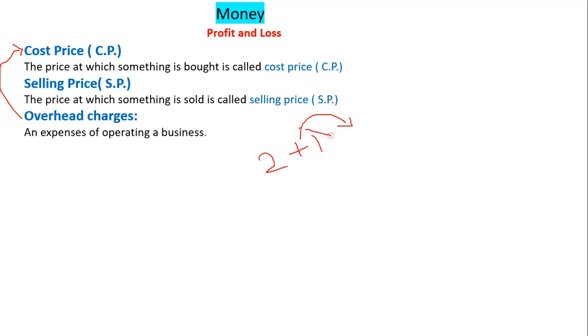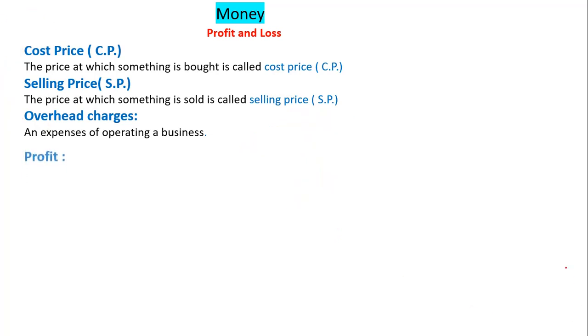That time, this total amount will be called the cost price, and the extra rupee will be called the overhead charge. So generally, overhead charges we consider inside the cost price. That is the thing you need to remember. Overhead price comes under the cost price.